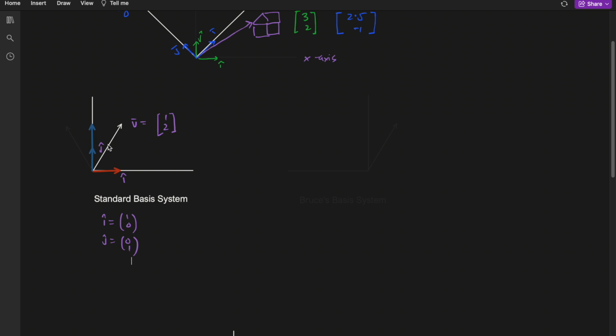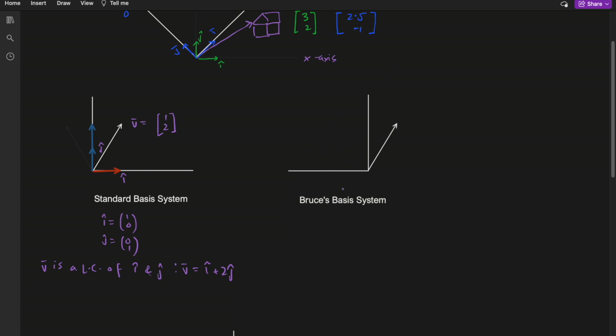So here V is nothing but a linear combination of i hat and j hat, right? I can simply write V as i hat plus 2 times j hat.